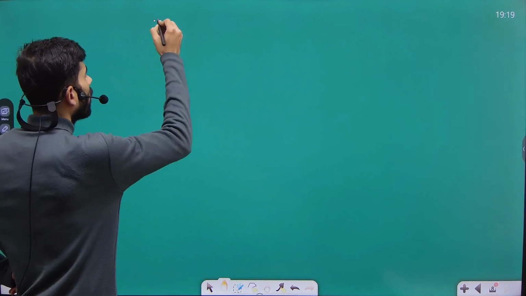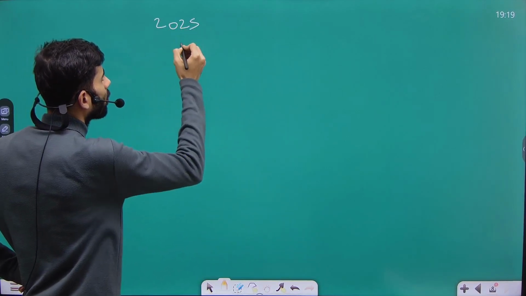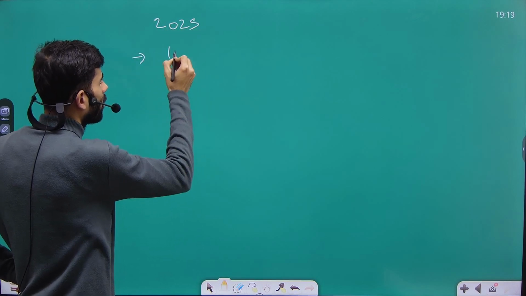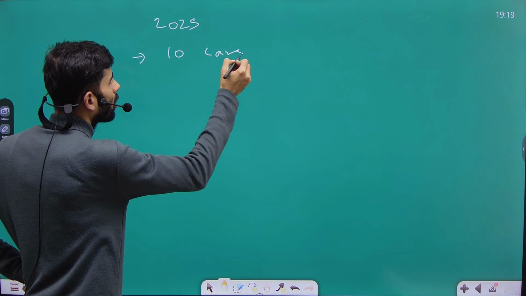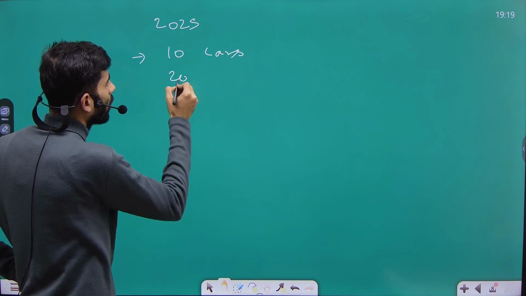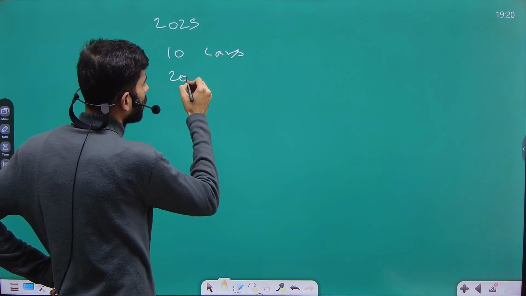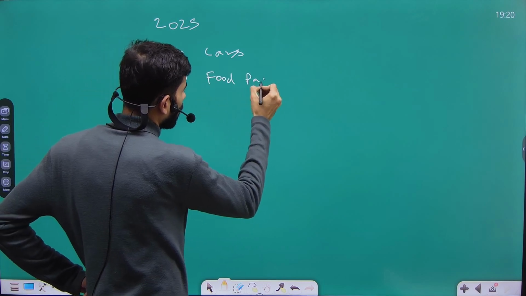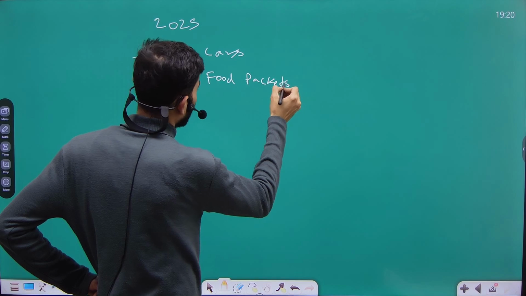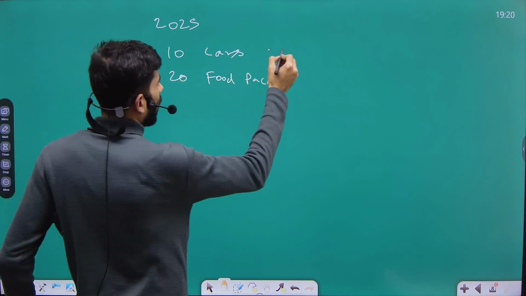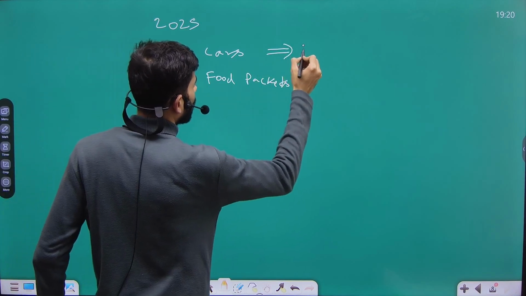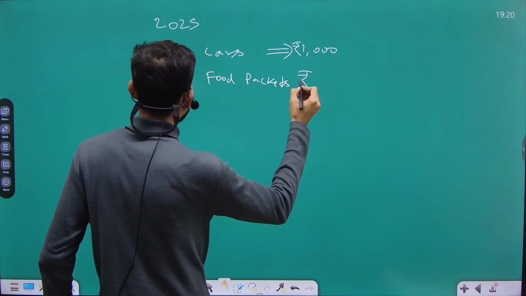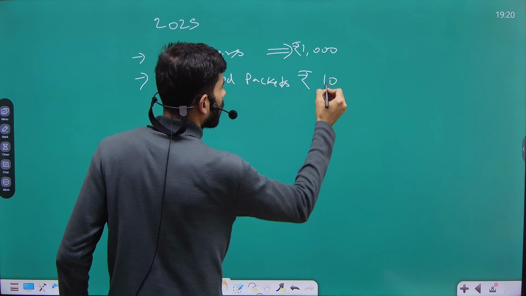For example, suppose in year 2025, you are manufacturing 10 cars and 20 food packets. The price level of a car is 1000 and the price level of a food packet is rupees 10.